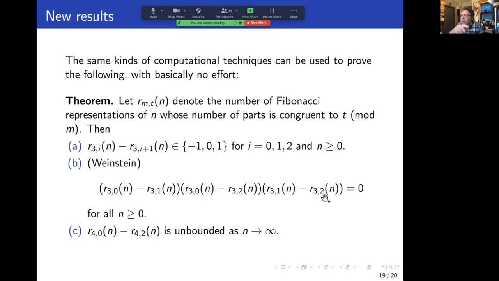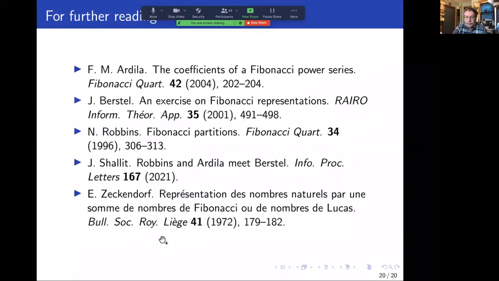That is, at least one of these pairs is always equal for all n. And we can prove this by the same method. And furthermore, we can prove that if we now go to modulo 4, then it's no longer the case that these coefficients are bounded. And this can also be proved by the same method.